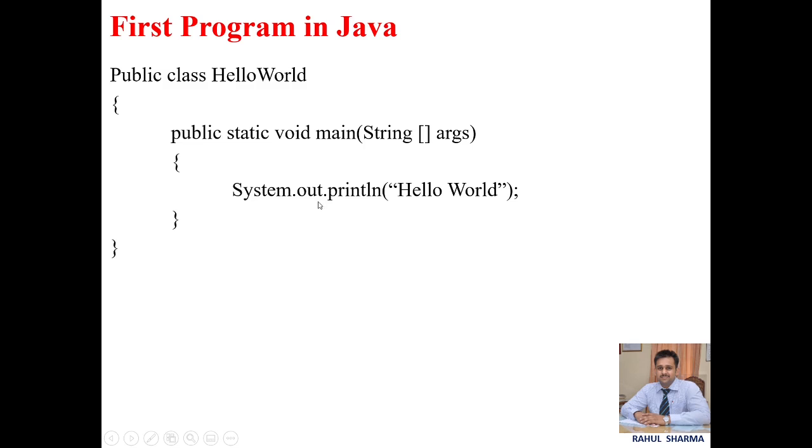Let us suppose that out is an object and it is calling the function println and passing arguments to it. That argument is hello world, and this message is printed on the output screen. Out belongs to the PrintStream class. Here ln is used to change the line, as we used \n in C language.